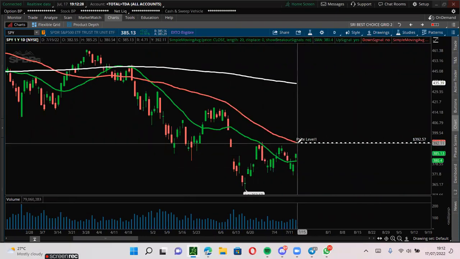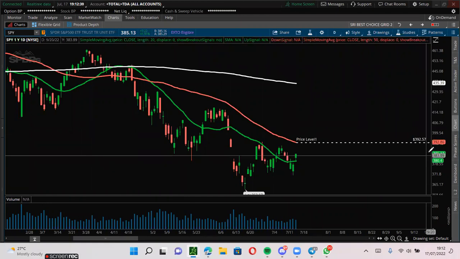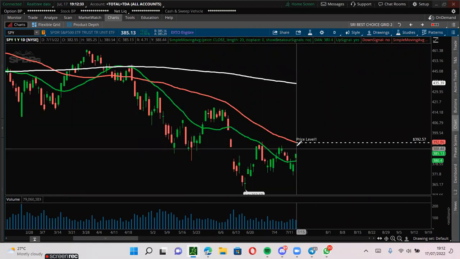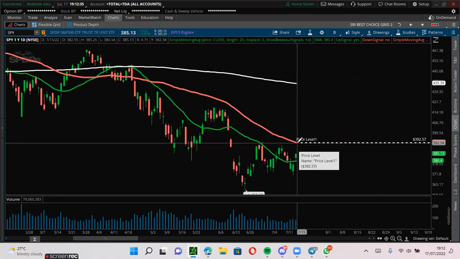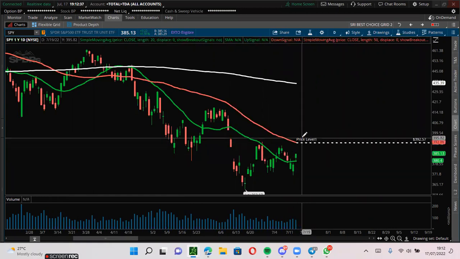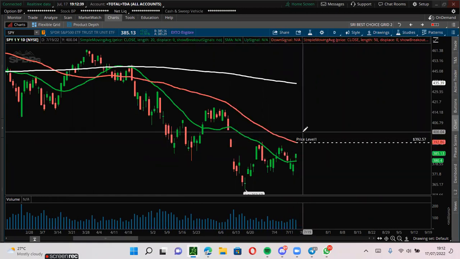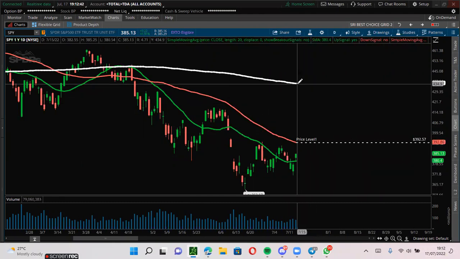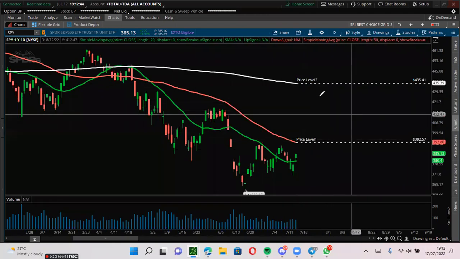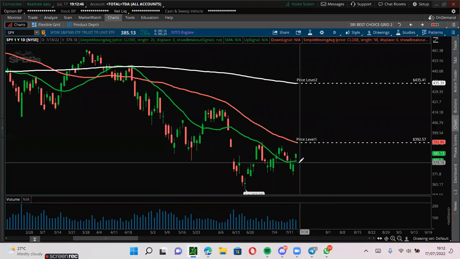I call this a resistance because the 20 simple moving average is expecting to break above this. If the stock can break above the 50 simple moving average, that is a good bullish sign going forward. These are the resistance levels.